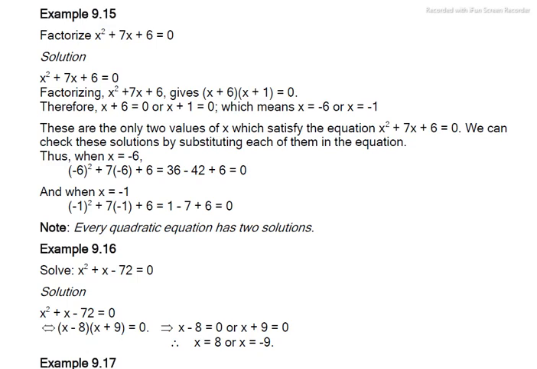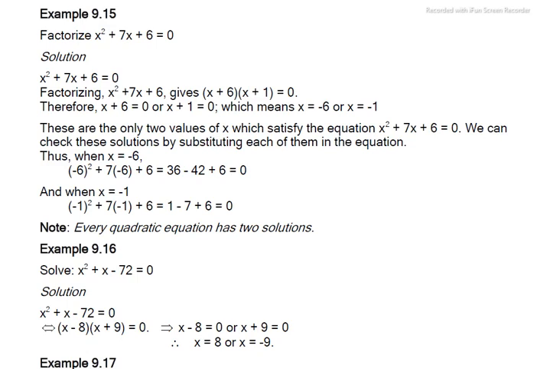In solving this, we shall look for the sum, product, and the factors, so that we factorize this quadratic expression to come up with two brackets, each of which is equated to 0 to find the value of x. In this, the sum is 1 because it is the coefficient of x, and the product is negative 72.